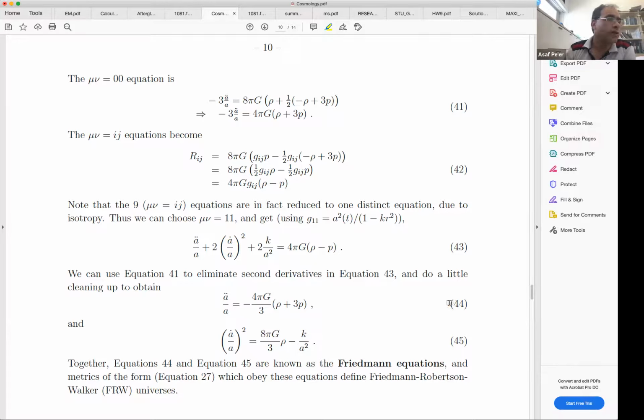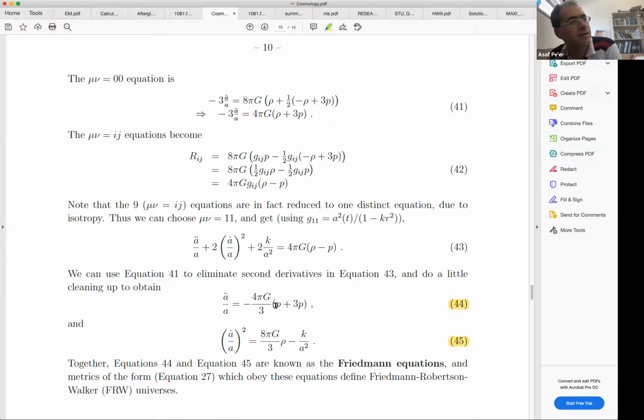So these two equations, 44 and 45, are equations that determine the evolution of this scale factor A, which evolves in time. Right? This is the second derivative, and this is the first derivative squared.